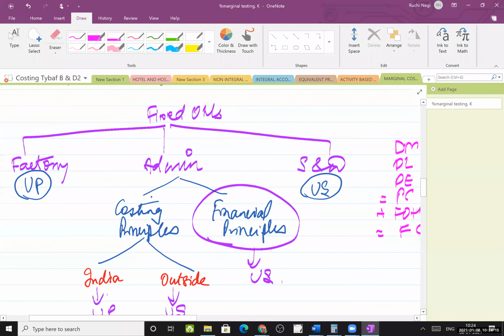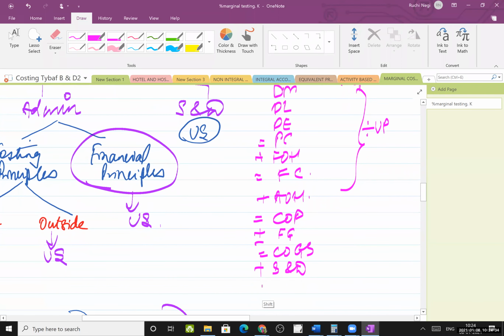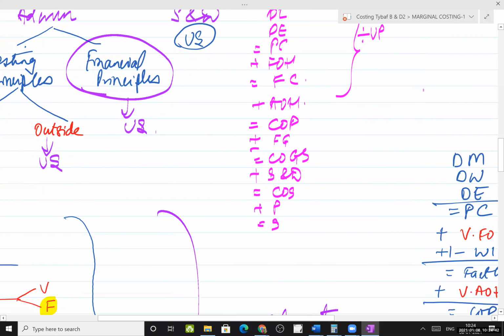Then come to selling and distribution. After that, we used to take admin overheads, right? From that we used to get COP, then we used to add or less finished goods, and we used to get COGS. Then we added selling and distribution and got cost of sales. We used to add profit and then we get what you call sales.